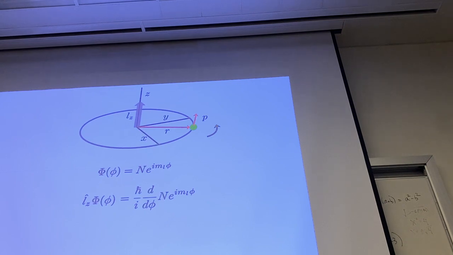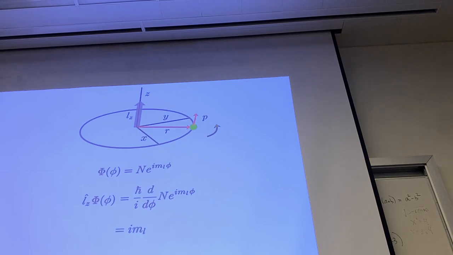That is the form of the operator, h bar over i, and then the first order derivative with respect to phi of the wave function. I can take simply the first order derivative of the wave function, which depends on phi, which generates the wave function again, times a constant.